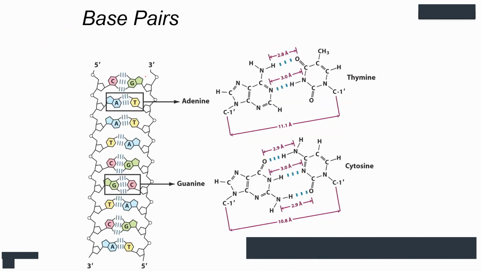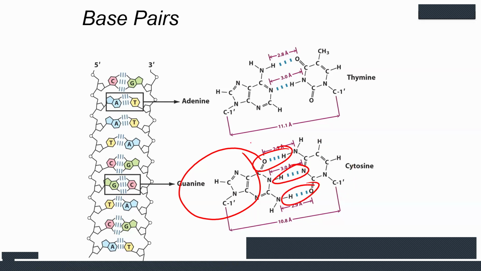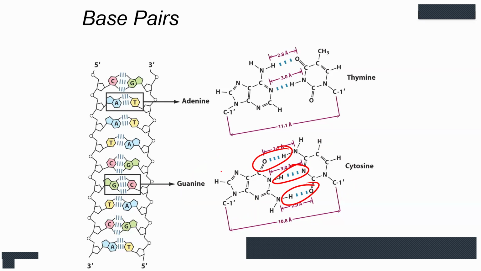After that, I want you to recognize the numbers of bonds. If we've got guanine here and cytosine here, these two molecules can make one, two, three hydrogen bonds between them. G and C pair up, A and T pair up. They're complements of one another.